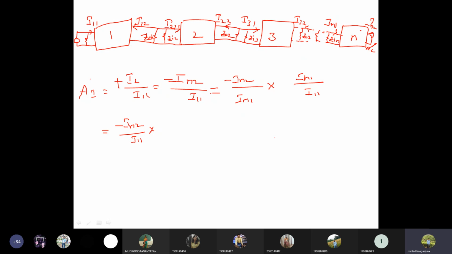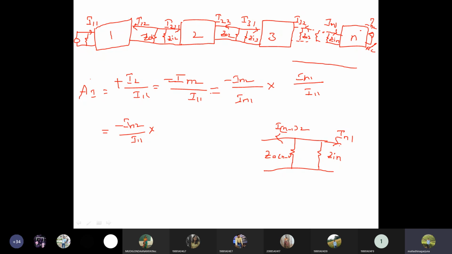So for example, I will take a piece of this network separately here. Just look at this. This is Z0 of n minus 1, for example. This is Zin. Okay, so this is IN1, and this is I of n minus 1, 2, the output of the (n minus 1)th stage, and this is the input of the nth stage.